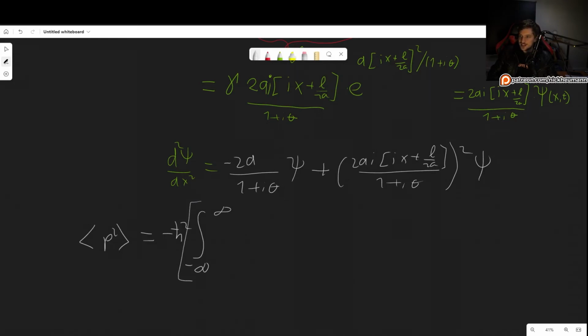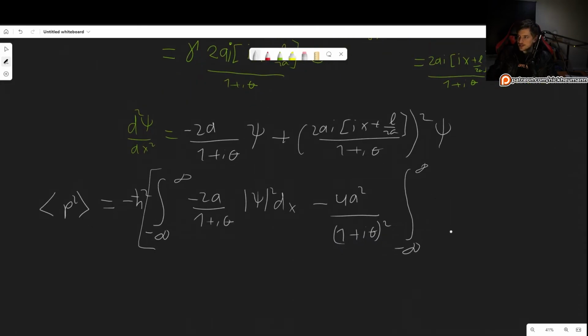So we are going to get several different parts. So first we get minus 2a, 1 plus I theta, and psi conjugate times psi is our probability density squared. Now the second integral, this I will be a minus, so we get minus 4a squared divided by 1 plus I theta squared, and everything else has to stay inside. So then we have the integral from minus infinity to infinity.